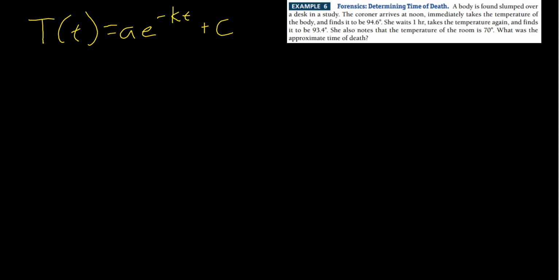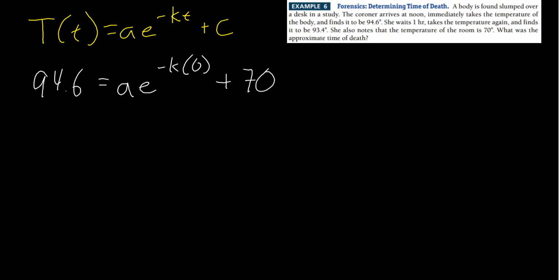So here we go. Find A. The temperature of the body was 94.6 degrees, and that's equal to A e to the negative k times t. We don't know what k is, but that's okay because my t is 0, plus the temperature of my surrounding area, 70 degrees.